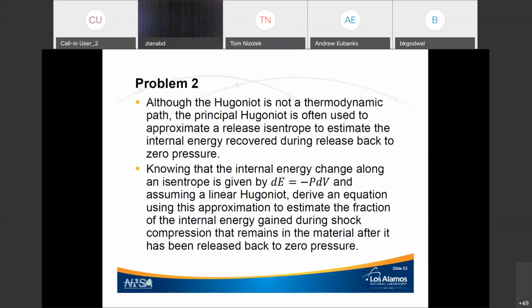And in particular, the projection of the Hugoniot that is relevant is, of course, the PV projection. Because if we're assuming that the isentrope is an isentrope, then the energy change along an isentrope is minus PdV.